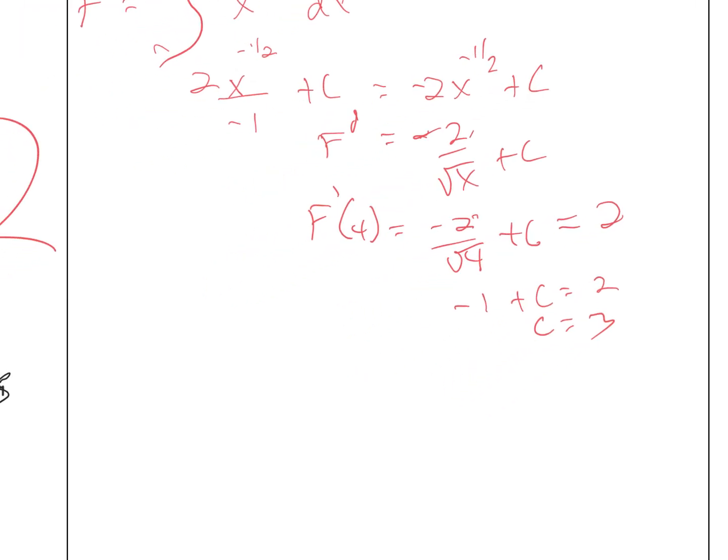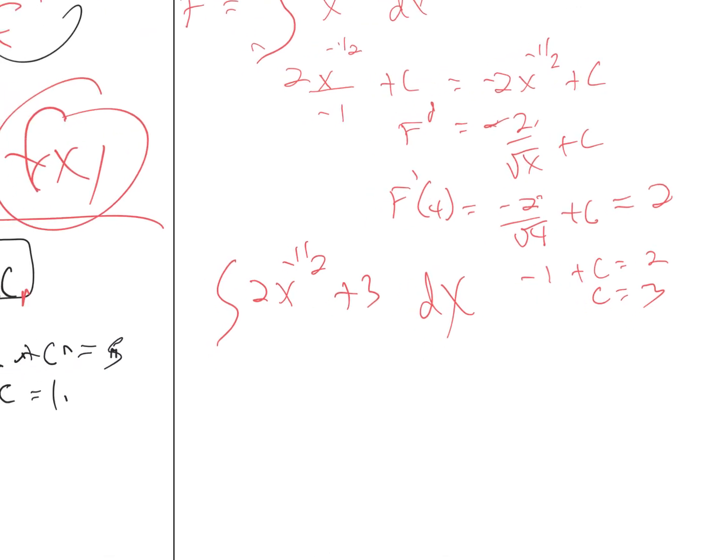So my f prime is really 2x to the negative 1/2 plus the 3. I'm going to integrate my f prime. Why did I leave it with the exponent on top? So I could do my antiderivative again. Because right now, this will be my f prime. When I integrate my f prime, I'll get f.